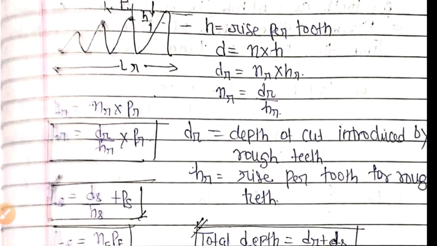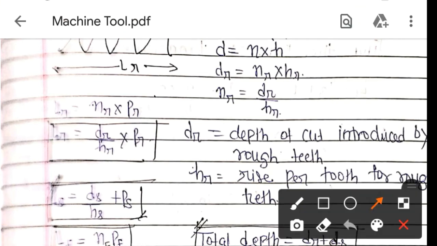So here H is rise per tooth, and D is depth of cut, which is the number of teeth times the rise per tooth. This will give you the total depth of cut.